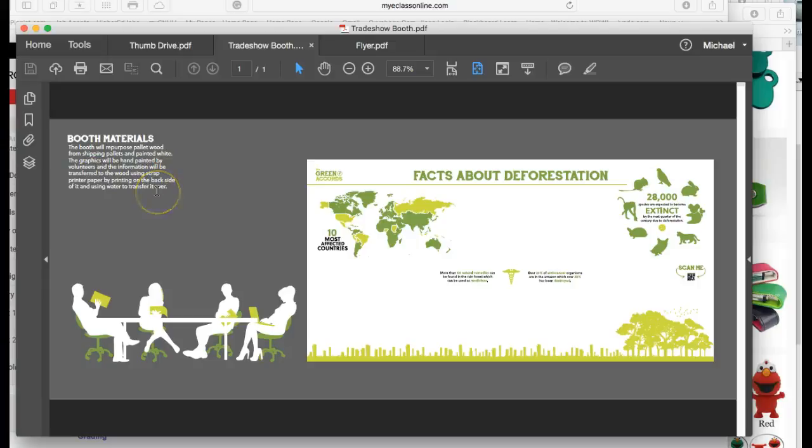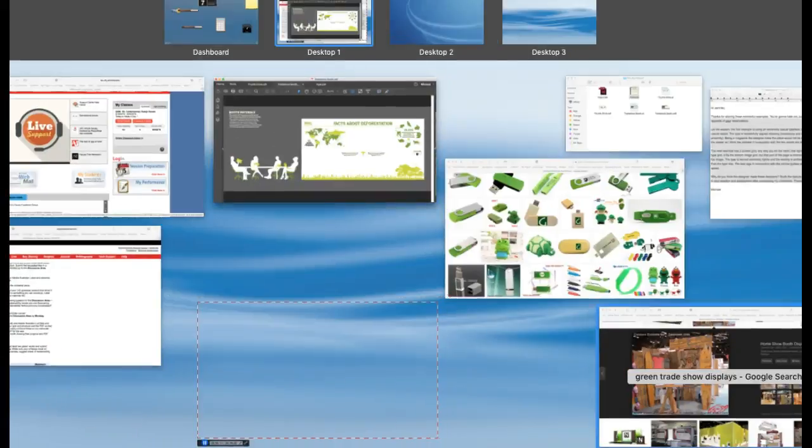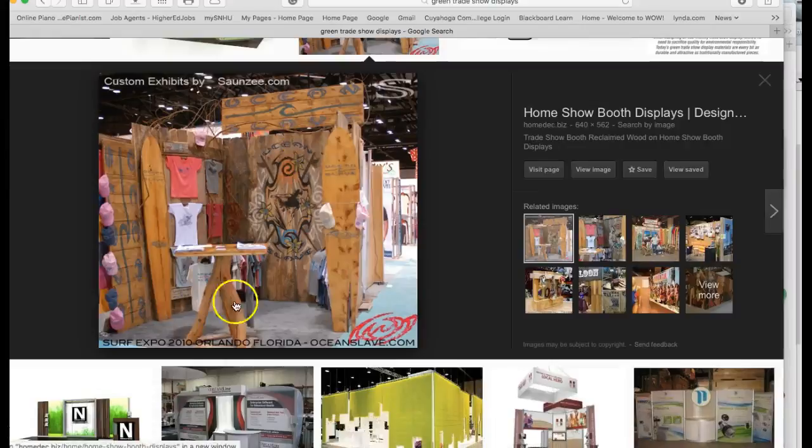But I will say you might consider, well, let me show you something. Let me talk about using repurposed plywood. Look at this. This is a trade show booth for sustainable surfing.